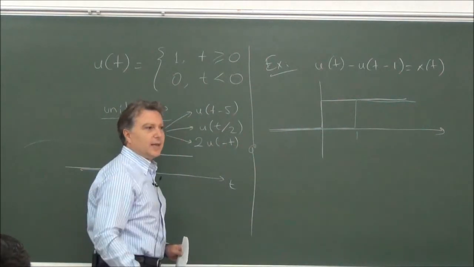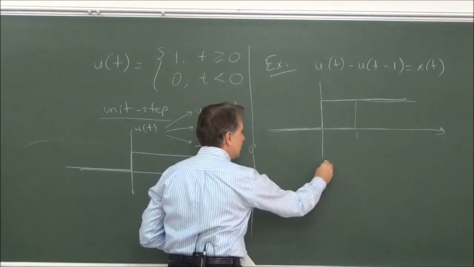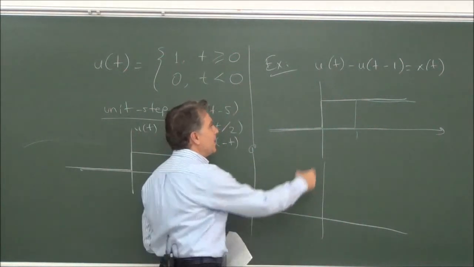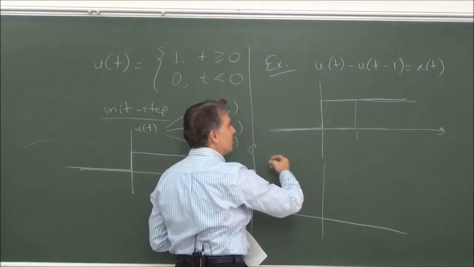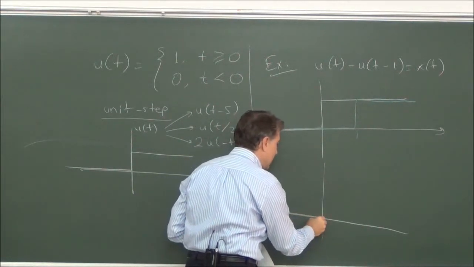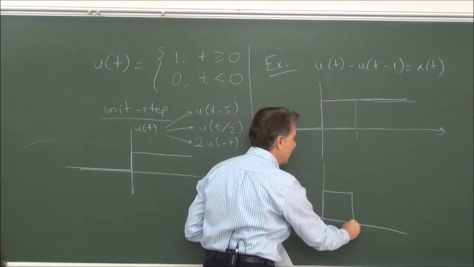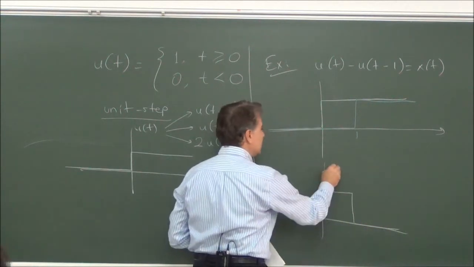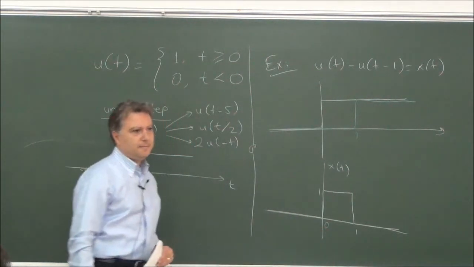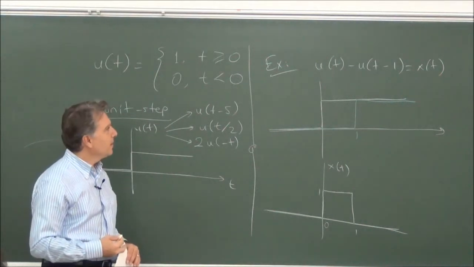When you subtract that, the portions will cancel each other. 1 minus 1 will go back to 0, but here it will be 1 minus 0, and here it will be 0 minus 0. So 0 minus zeros are zeros, 1 minus zeros are 1s, and 1 minus 1 is again 0. So this is x of t, then, which is a box shape, sort of a signal.